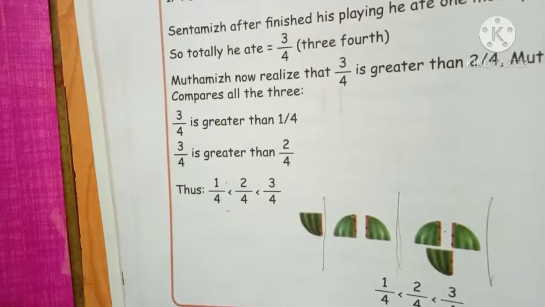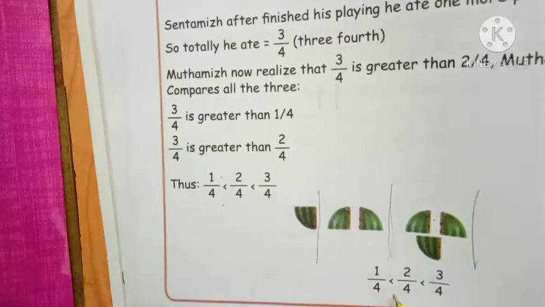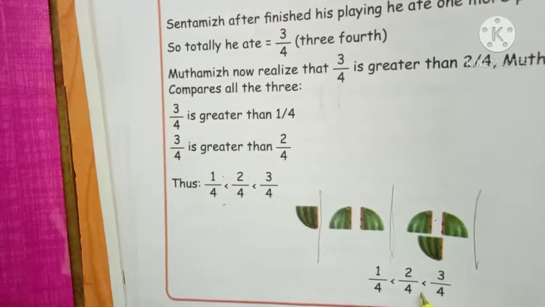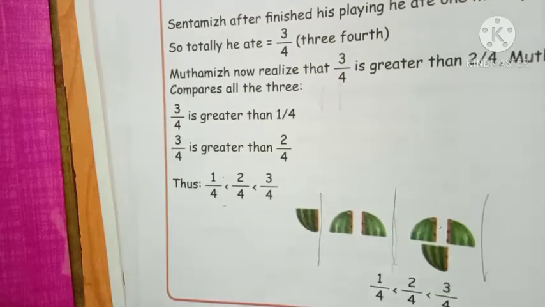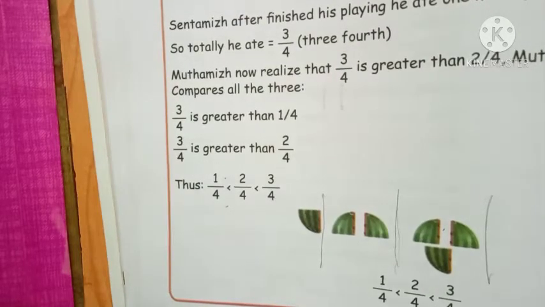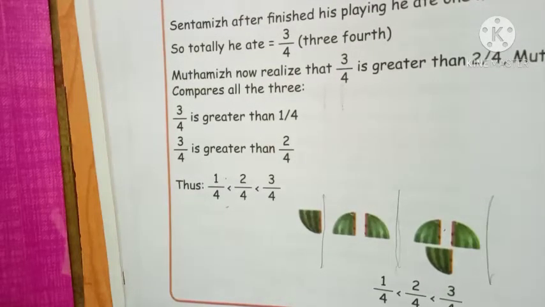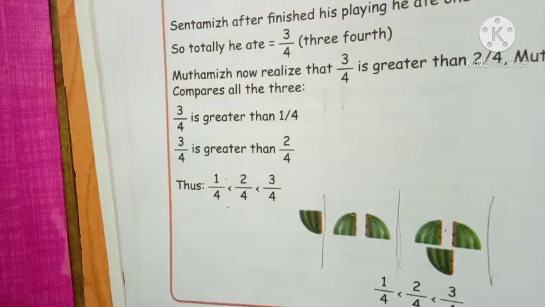So here write the answer: 1 divided by 4, 2 divided by 4, 3 divided by 4. This is the ascending order. So you only check whether the numerator is bigger or smaller. Easy to find out.